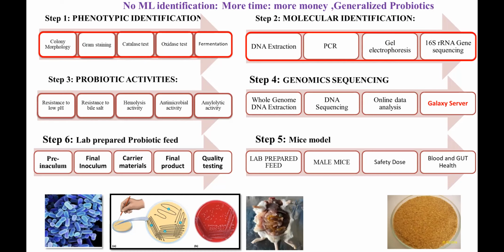Secondly, DNA extraction, then PCR, gel electrophoresis, and then 16S rRNA gene sequencing for identification. In the third step, you have to check the resistance of the pre-identified probiotic strain to lower pH, then hemolysis activity, antimicrobial activity, and antibiotic activity. Then in step 4, you have to go for genomic sequencing.